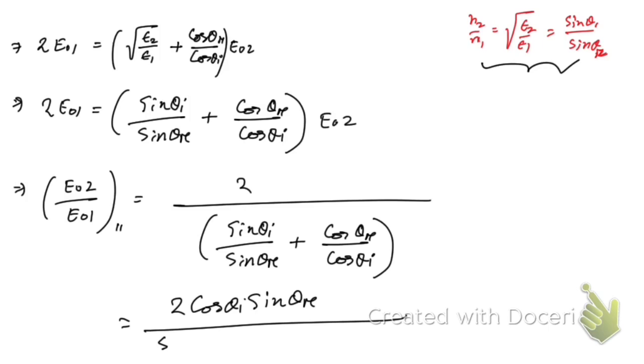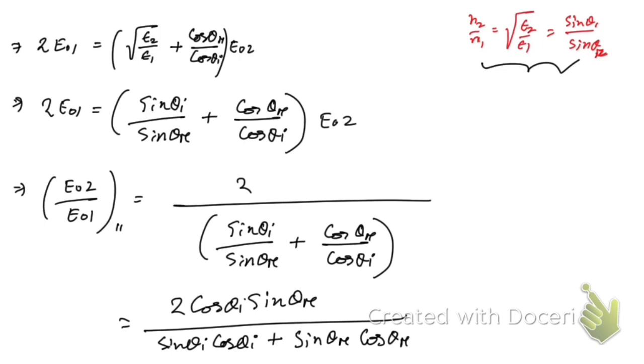Then we're gonna have sin theta I into cos theta I. Similarly here, this cos theta I will be cancelled, so here we're gonna get sin theta r into cos theta r. That's what we're gonna have.